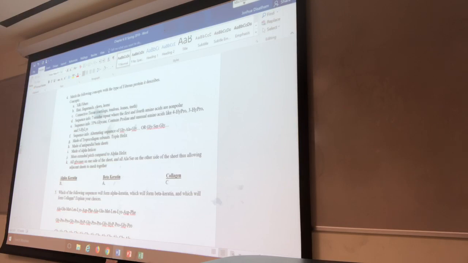Be very careful. That is not alpha helix. This is alpha keratin. When you look at a sequence, if you're given 3 possible sequences, and we'll do that practice question in a little bit, the one that has a 7 residue repeat will be alpha keratin. Okay, and all that means is 7 amino acids repeated over and over.